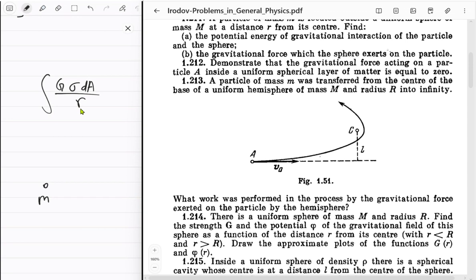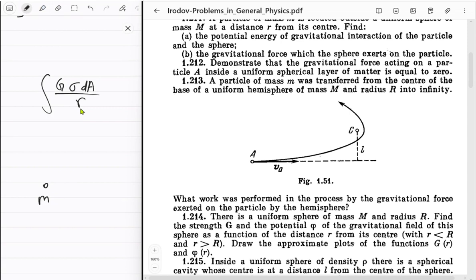That didn't help much. dA upon r. It's not even a component or anything like that.